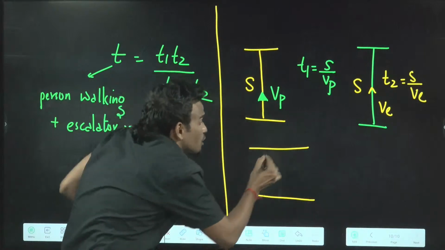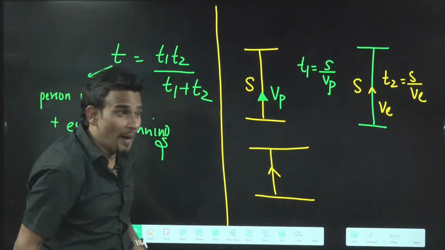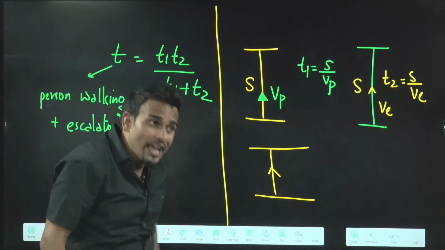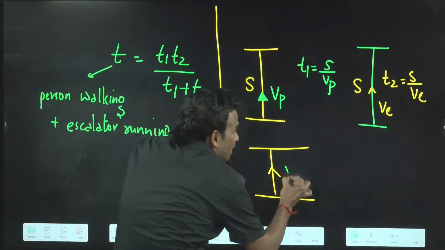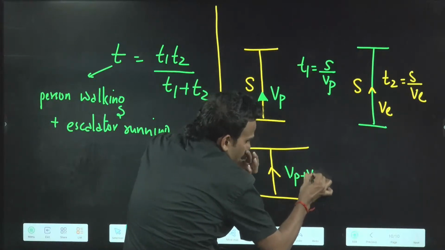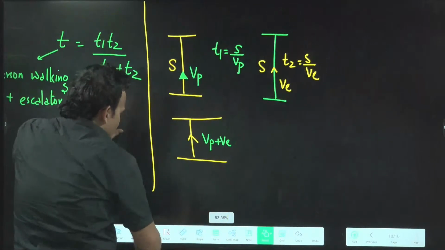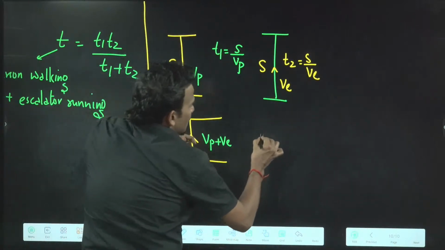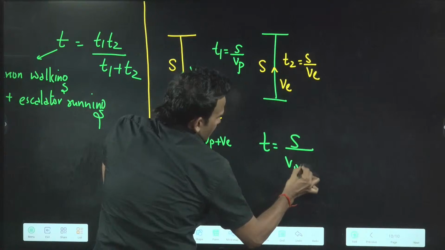So can you tell me what is the total velocity by which he will go? The net velocity will be Vp plus Ve. So the time taken, which they are asking, will be S by Vp plus Ve.